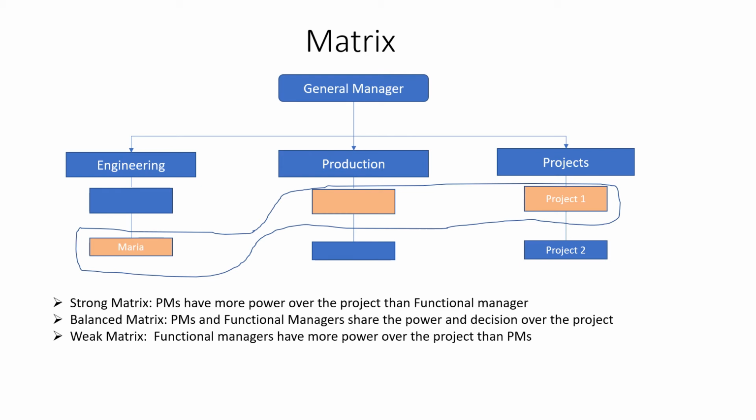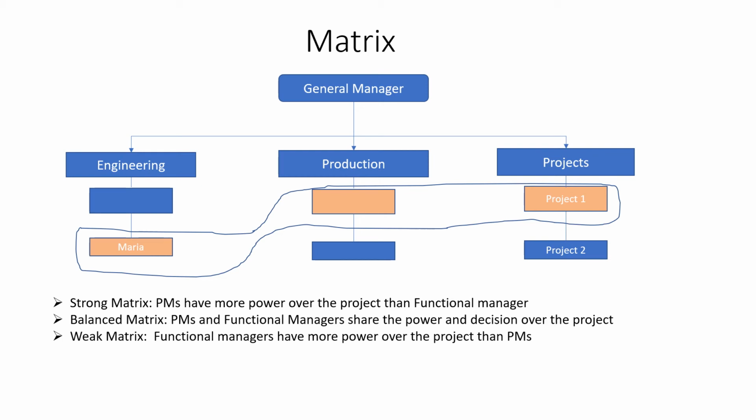Strong matrix. It is close to a projectized organization, and here the project manager has the highest authority, control over the budget, and a full-time team reporting to them. And balanced matrix. This is a mix of functional and projectized structure, where the project manager has low to moderate authority and a part-time team.